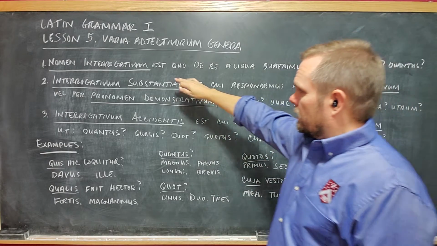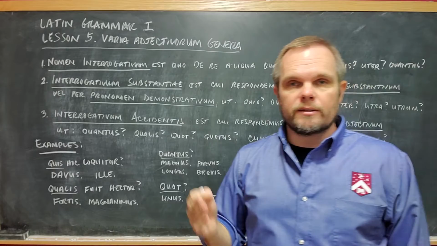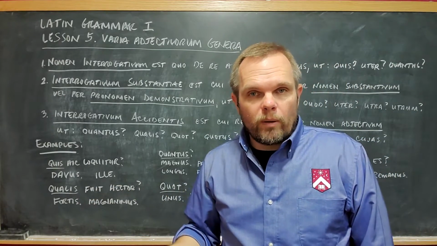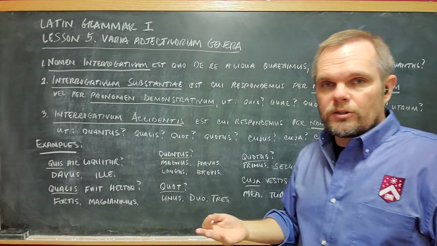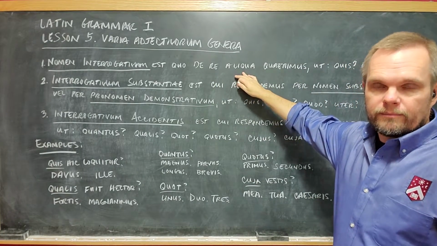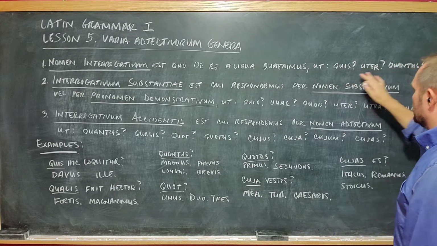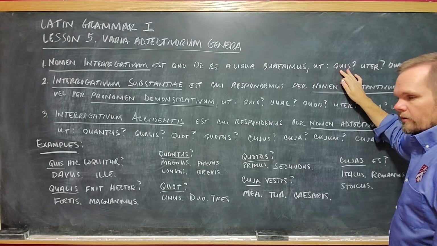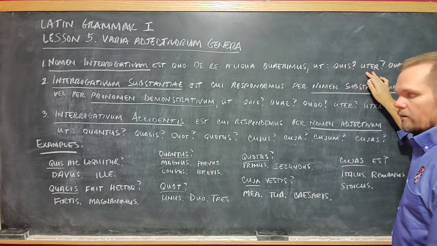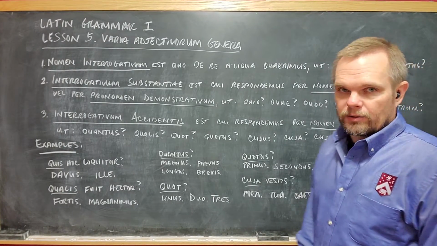So nomen interrogativum, an interrogative noun, is a noun that introduces a question, a noun by which we ask about something. And we're given 3 examples here: quis, which means who, uter, which means which, and quantus, which means how much.